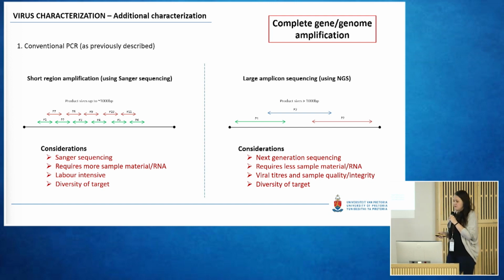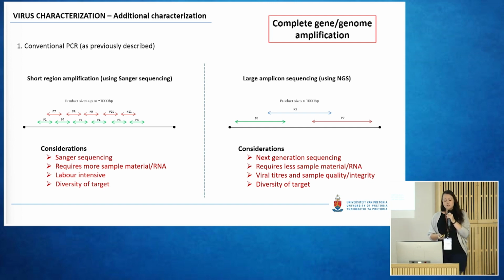Another approach, also still part of conventional PCR, would be large amplicon sequencing, where you can design your primers to span larger regions of your genome. But if you do that, you won't be able to sequence it with Sanger sequencing, and you would have to look at another approach called next generation sequencing.